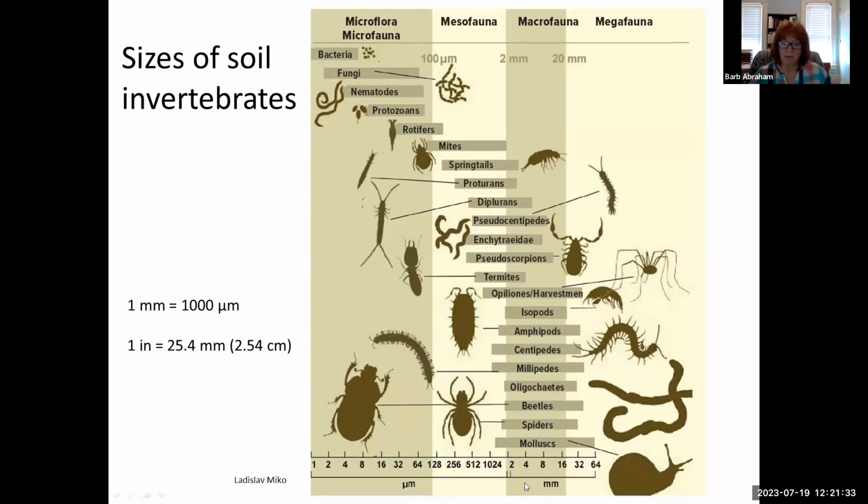So over here, you finally get to millimeters, and there aren't very many organisms that fall into the millimeter category, let alone anything that's an inch or more. So you're looking at 25.4 millimeters to be an inch, and that's going to be right down here.